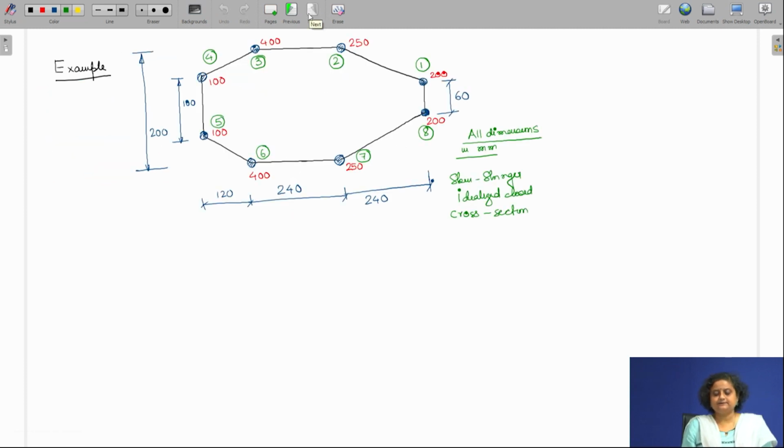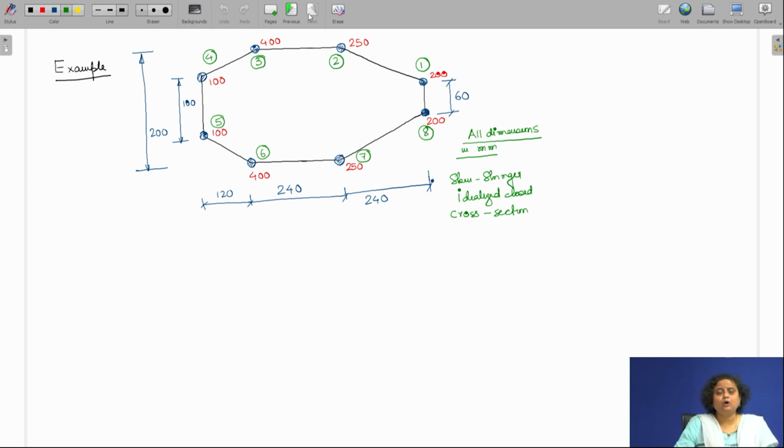As discussed, let us consider this example, which is a closed cross section, and there are booms at each corner. All the dimensions are given in millimeter. The red color number shows the area of the respective boom in millimeter square.